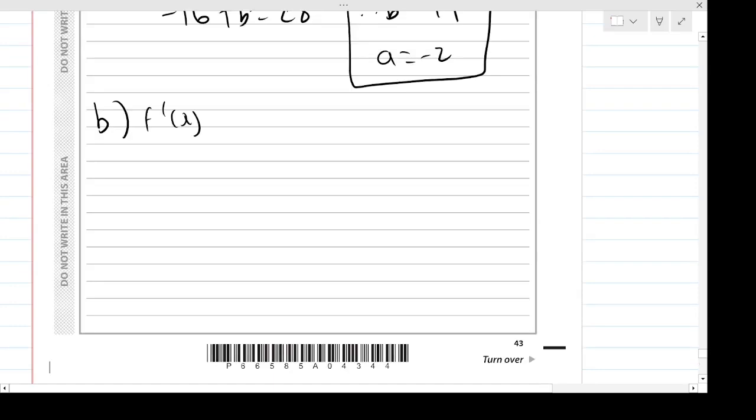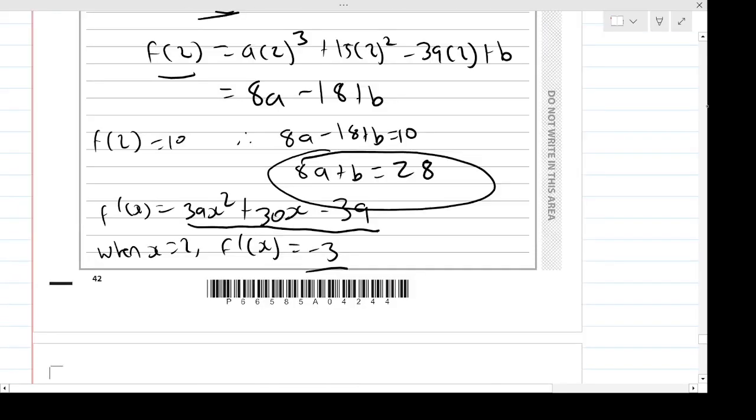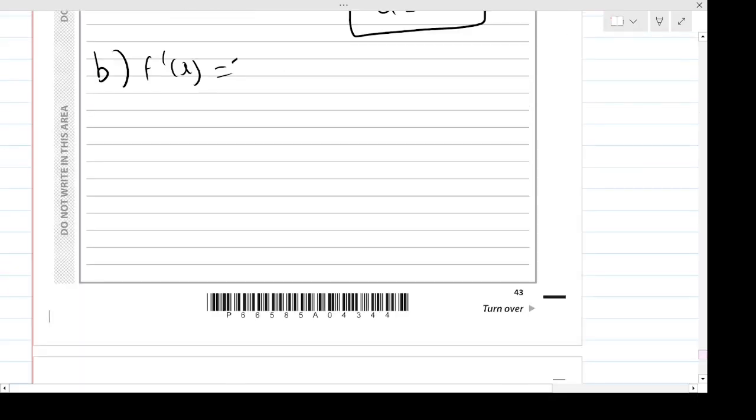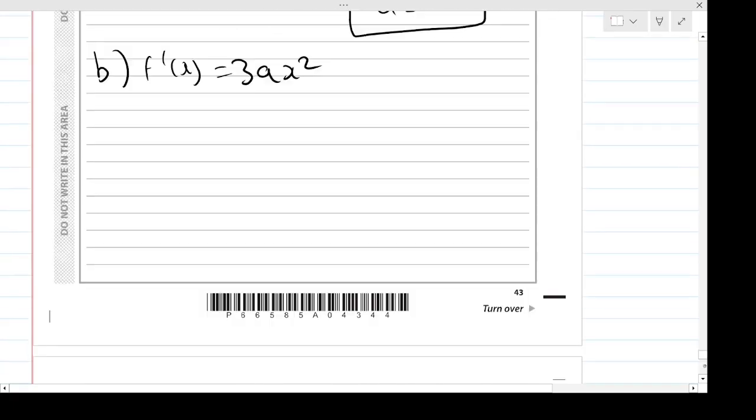We worked out the derivative in part A. The derivative was 3ax squared add 30x minus 39. So we don't need to differentiate again.